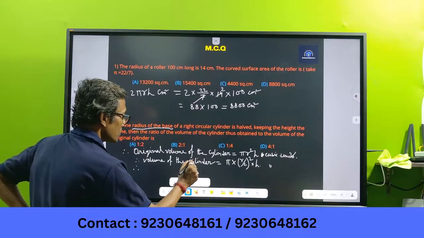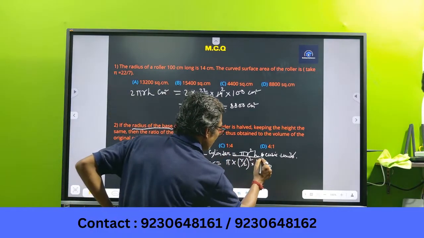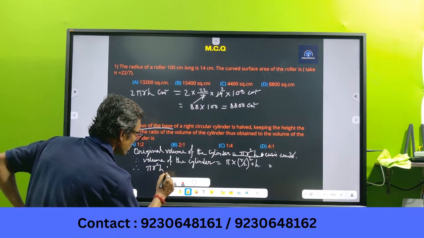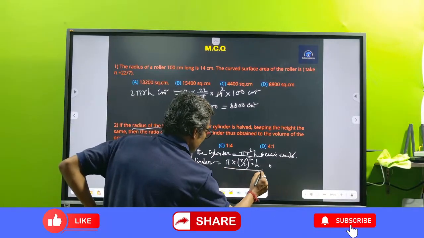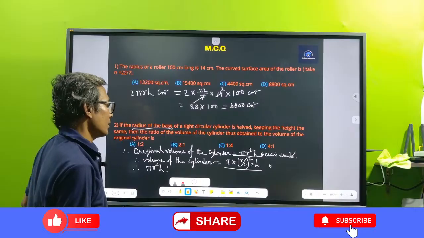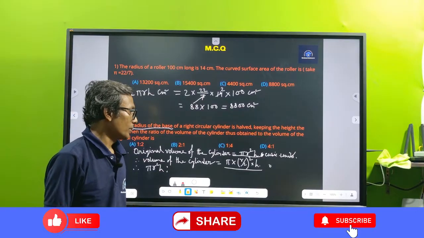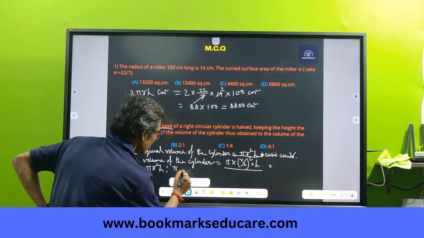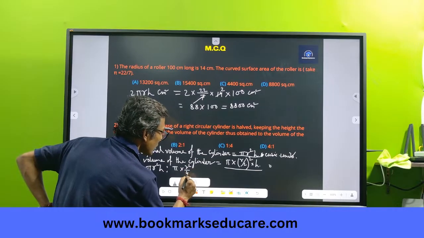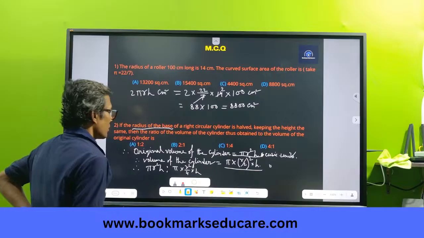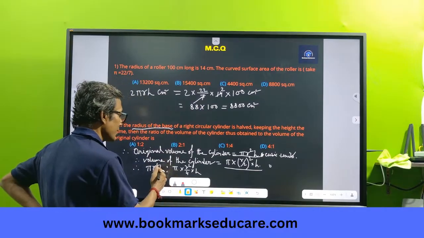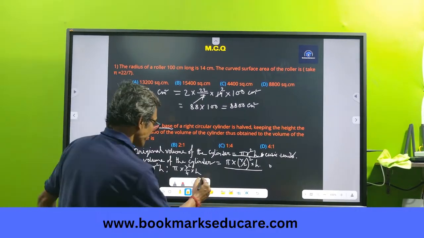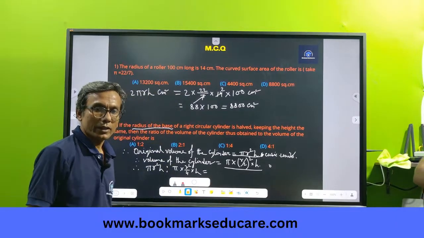So the original volume is pi r square h, and after making the radius half, the volume stands like this. From both numerator and denominator, r square and h will be eliminated, and pi will also be eliminated.